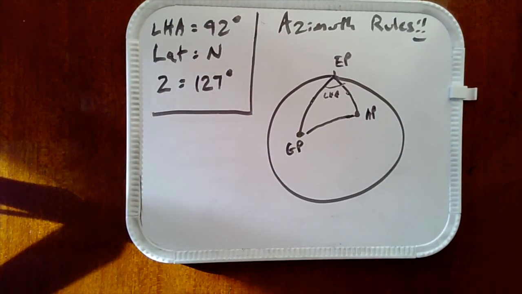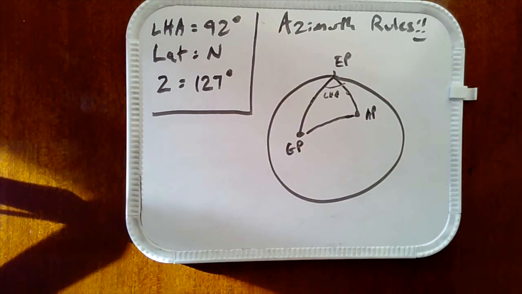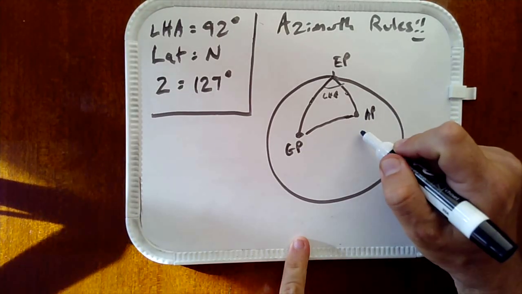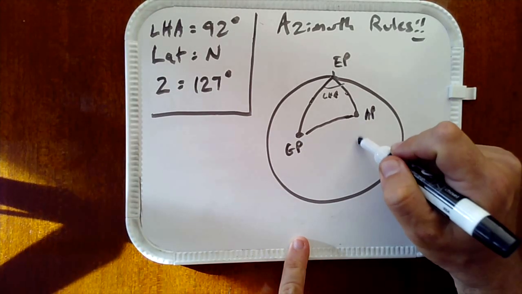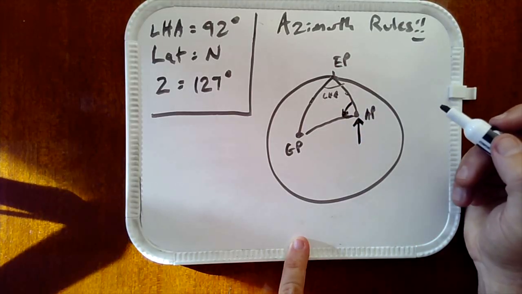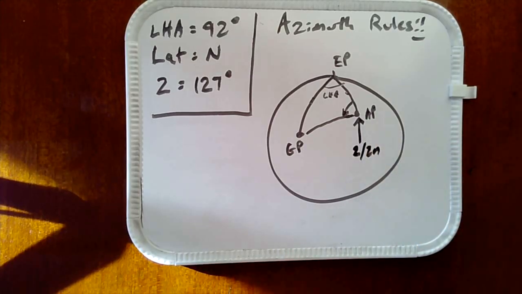So the tables are not infinitely thick. They're quite big, but they could be bigger if they listed every single triangle. Instead, they ask us to make some adjustments. And one of those adjustments deals with this angle right here, which is known as Z and eventually going to be Zn.